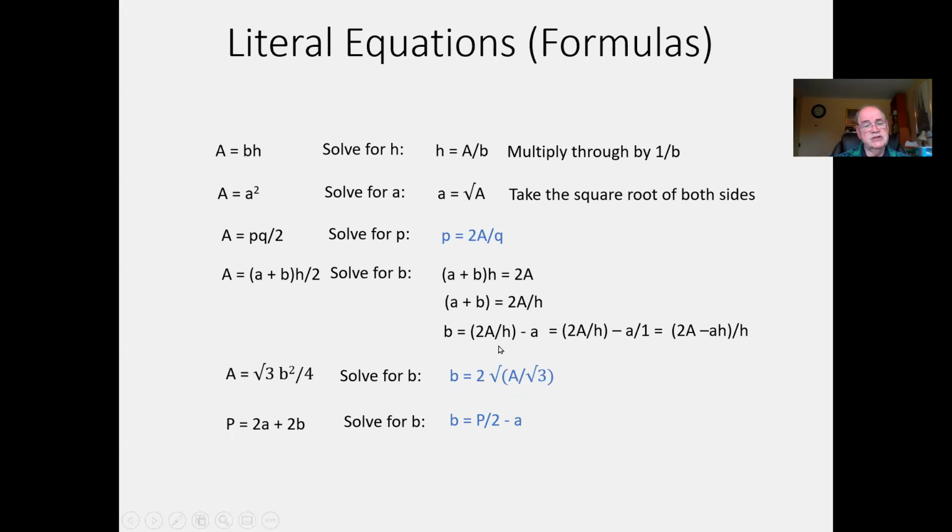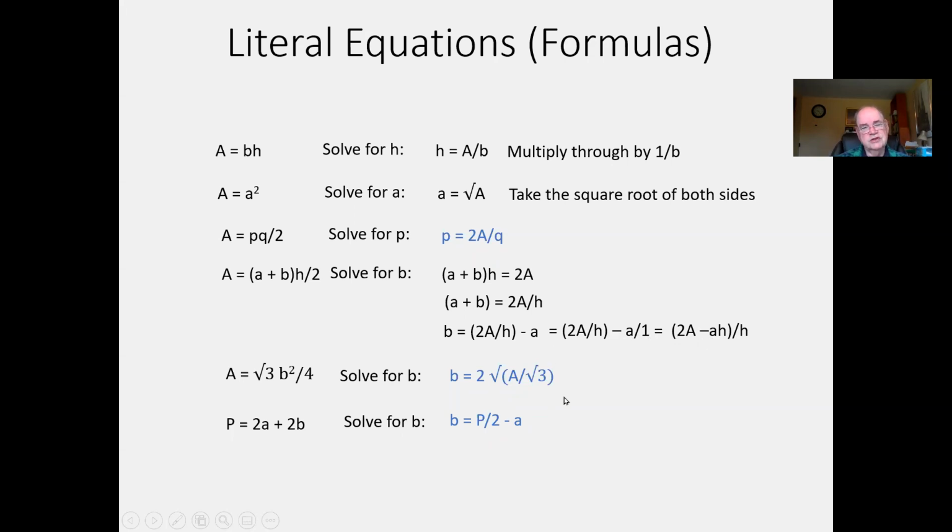This is a perfectly good answer, 2a over h minus a, but if I wanted to write that as one compound expression, I would need to add fractions, common denominator of h, and using our algorithm, h into h goes 1, and 1 times 2a is 2a. 1 into h goes h times a is ah.